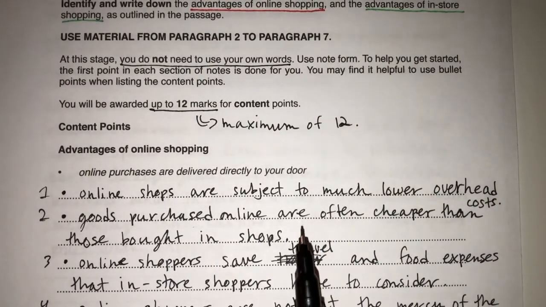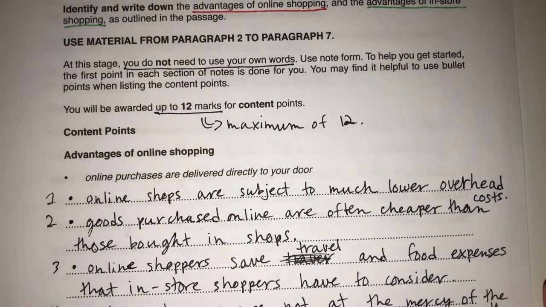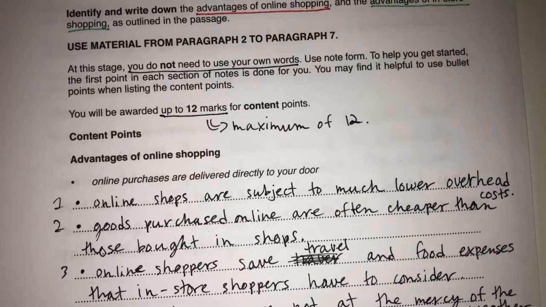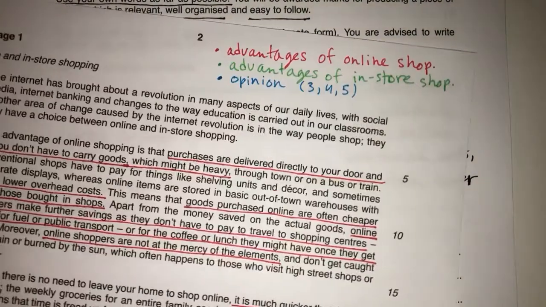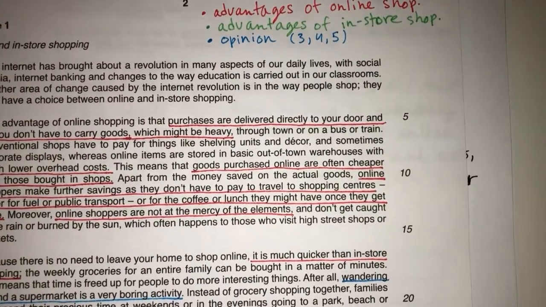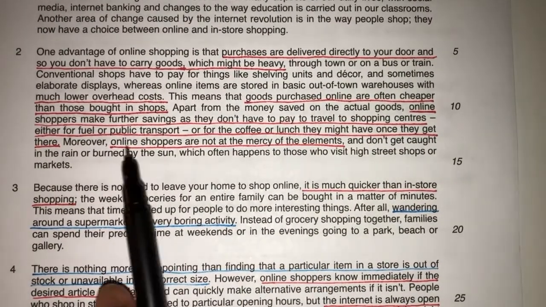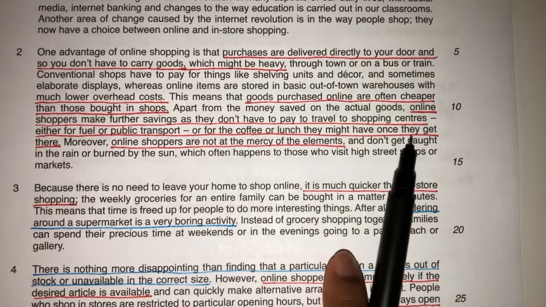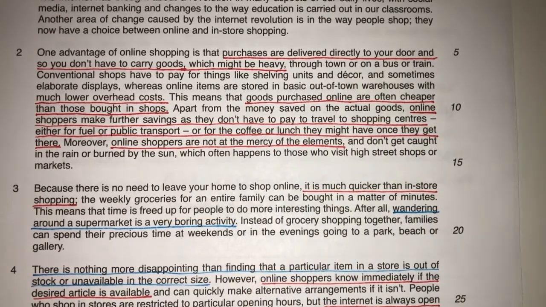So my second point, online shoppers save travel and food expenses that in-store shoppers have to consider. Okay. Coffee or lunch, so food and travel expenses.